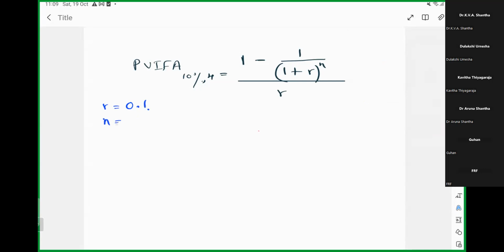In 4 years, I can substitute 1 minus, R 10%, 0.1, in 4. How much?